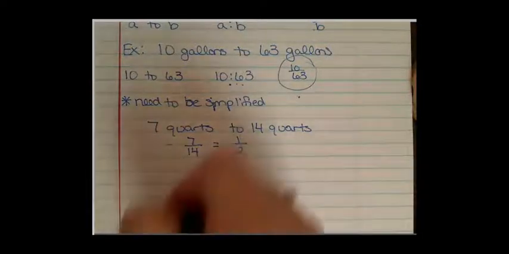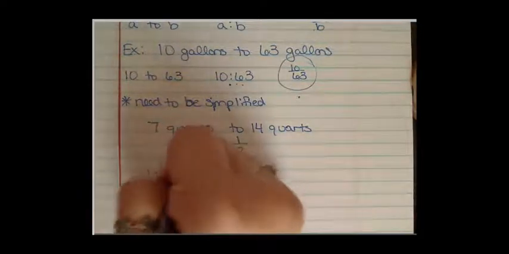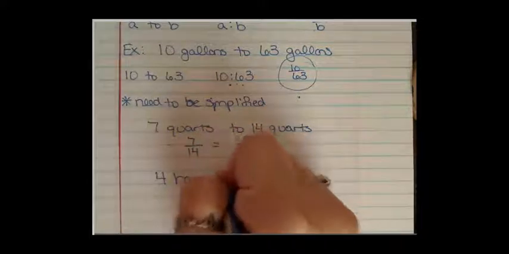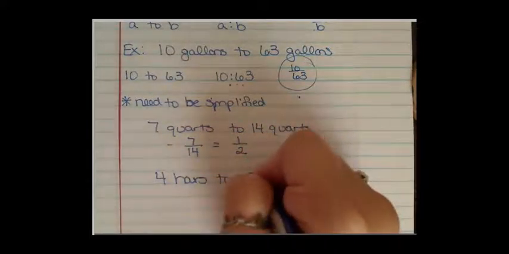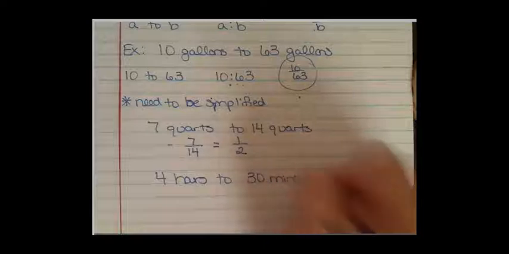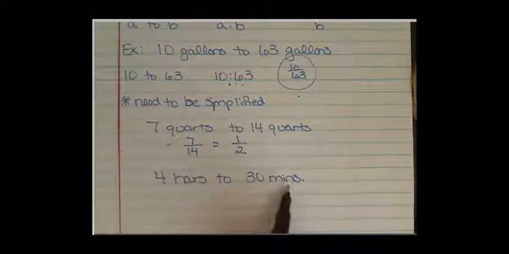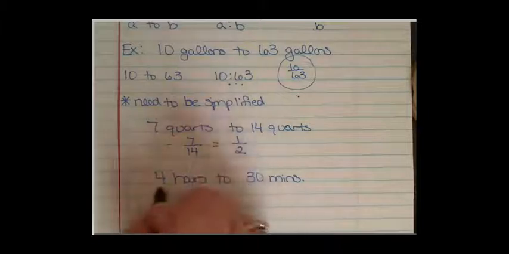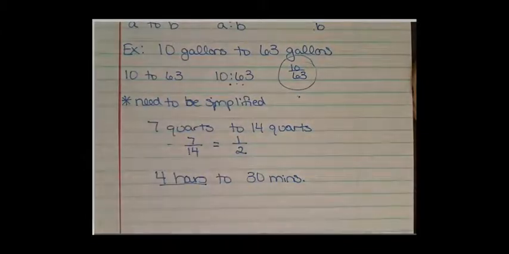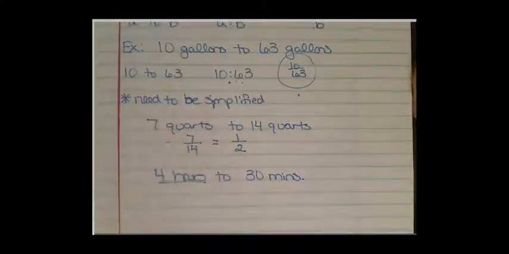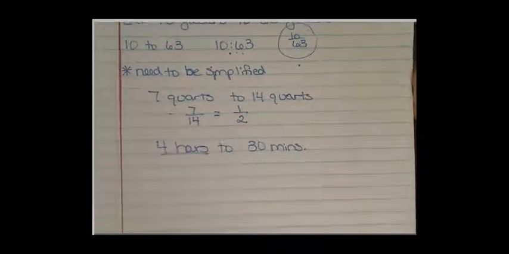If we have 4 hours to 30 minutes, we need to write this as a ratio. But the problem is we have hours and we have minutes. So we need to convert those 4 hours to minutes first. I'm going to show you the easiest way to do this, and it's also the way that you'll do it in your science classes, like if you take chemistry.